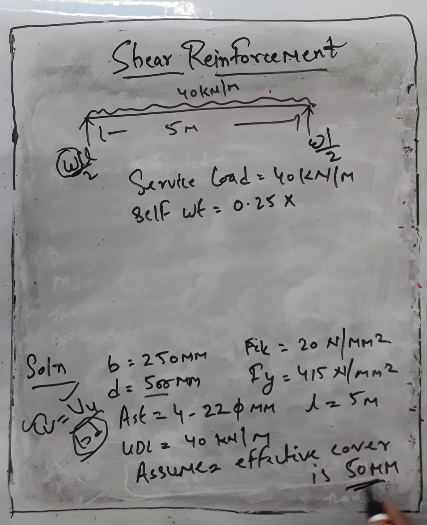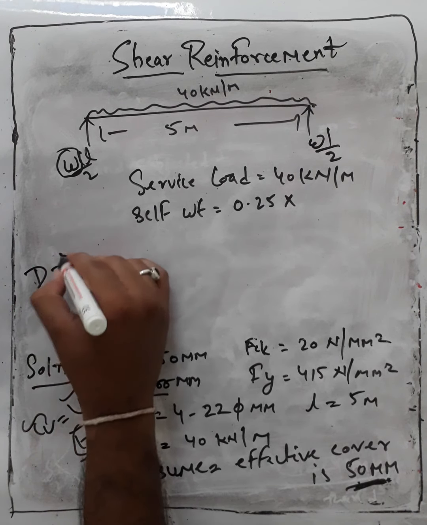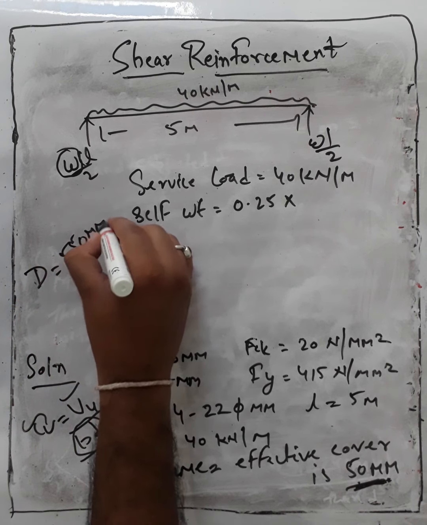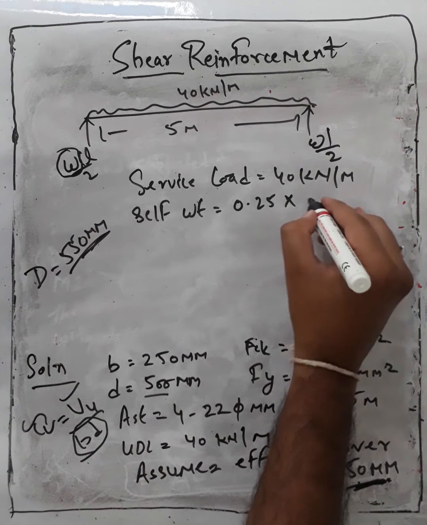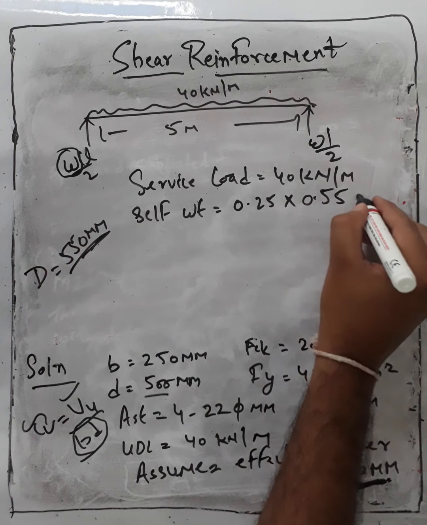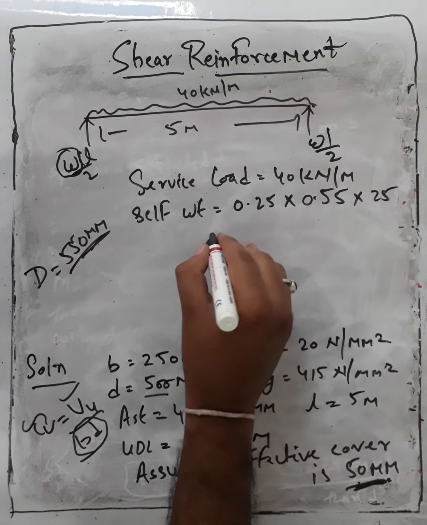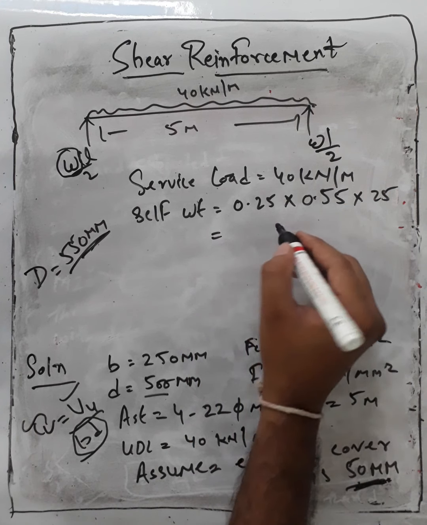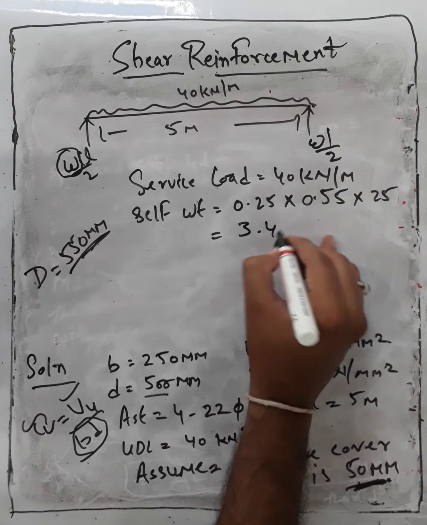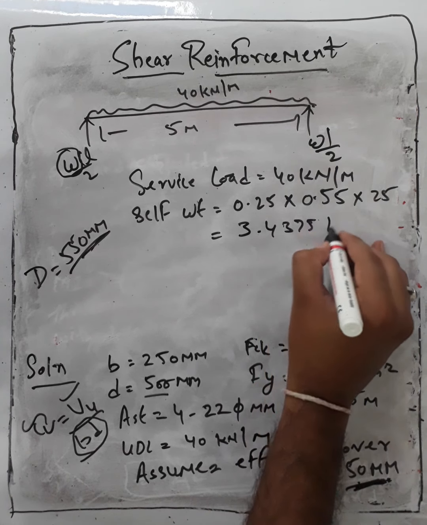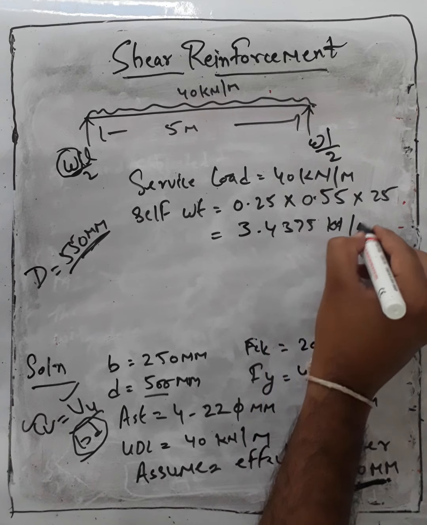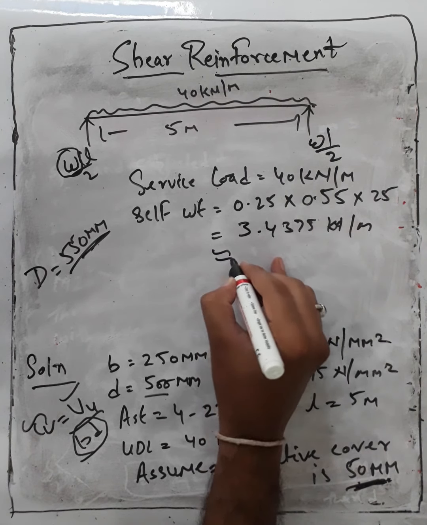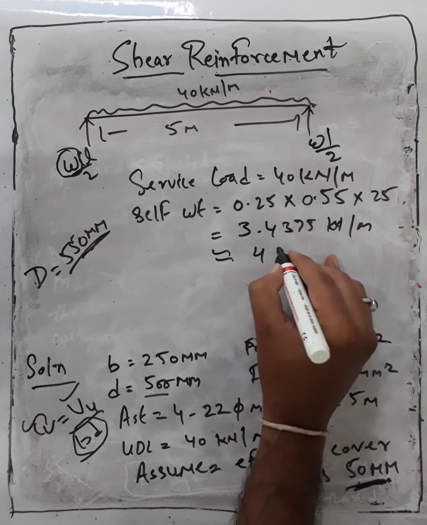You can assume yourself. Here I assume 50 mm as the effective cover. If the effective cover is 50 mm, that means capital D is equal to 550 mm. So here we write 0.55 into 25. After solving this, we get 3.4375 kilonewton per meter.